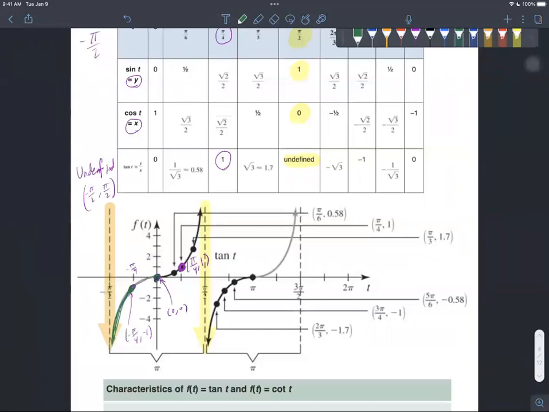It gets to its 0. Then it increases some more, gets to pi over 4, comma, 1. Then it increases, and you draw your second vertical asymptote, and that is 1 period of tangent. Hopefully you can see that the difference between these two is pi radians. Pi over 2 minus negative pi over 2 is pi.